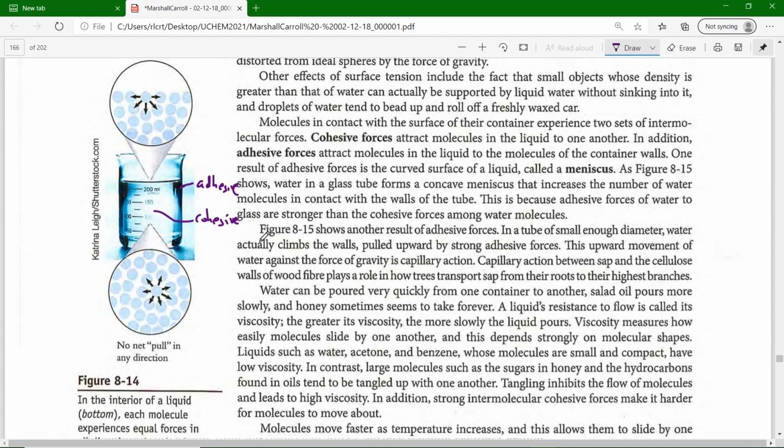So one result of this is the curved surface of a liquid called the meniscus, right? Here water has a concave meniscus. The adhesive forces are stronger than the cohesive forces, so it creeps up a bit, and you end up with a concave meniscus.